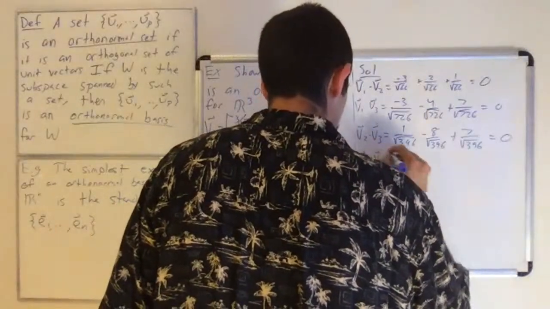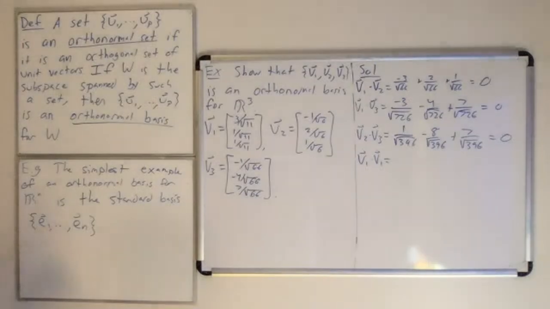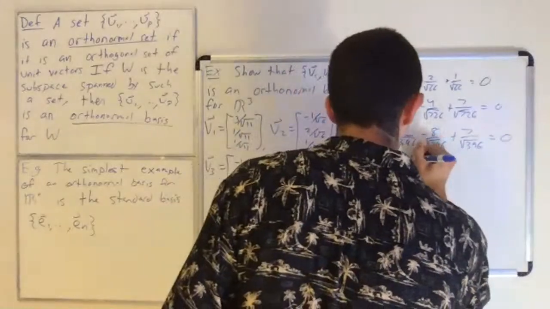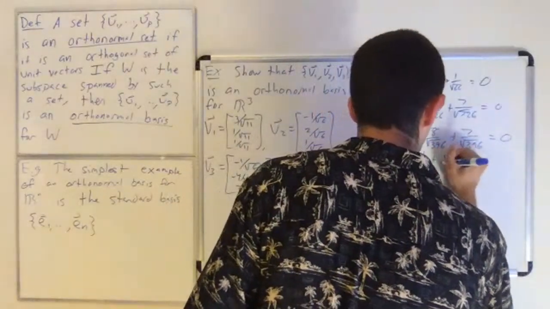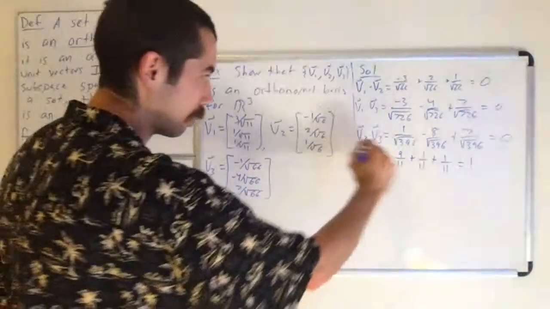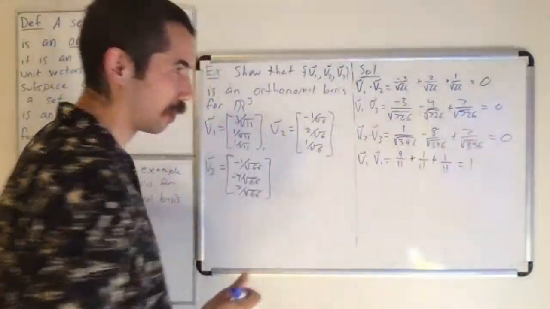So V1 dotted with itself is 9 over 11 plus 1 over 11 plus 1 over 11, which is equal to 1. So V1 has unit length, right? If we took the square root of the dot product with itself, we'd get the square root of 1, which is 1.